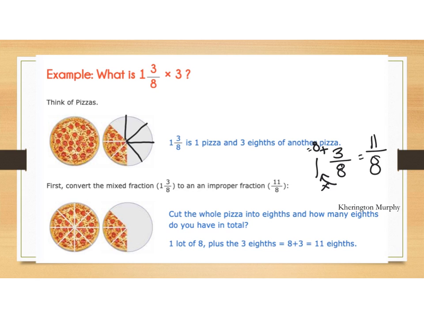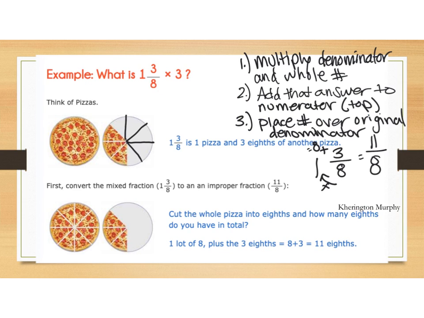So you will multiply the denominator and the whole number. Add that answer to the numerator, the top number. Then you're going to place the entire answer over the original denominator. So now, if you cut the pizza, you would cut the pizza into 11/8, which is shown in this image.